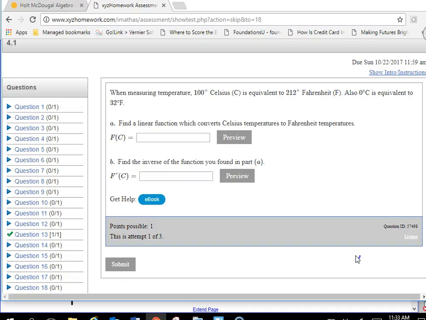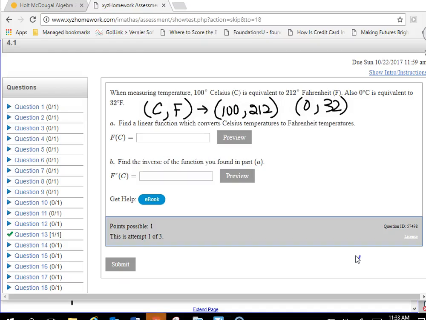When measuring temperature, 100 degrees Celsius is equivalent to 212 degrees Fahrenheit, and 0 degrees Celsius is equivalent to 32 degrees Fahrenheit. So they're giving us these points in CF form.